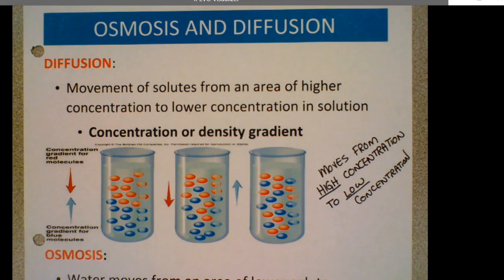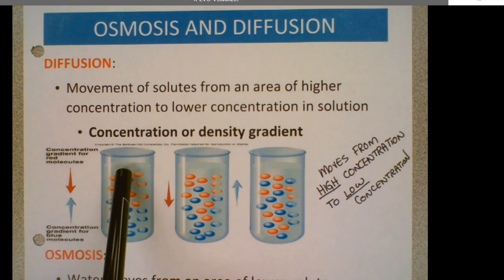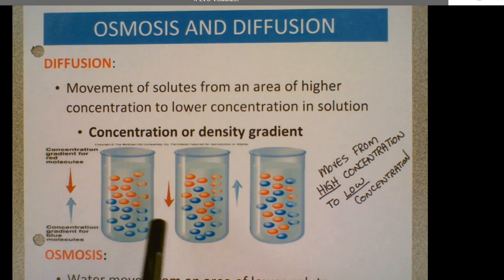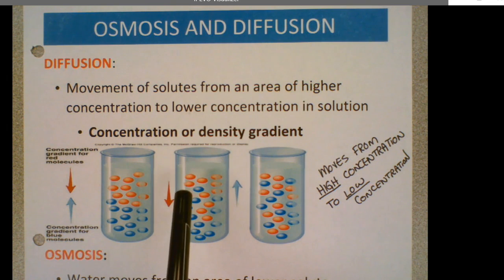Now, just because of physics, what's going to happen is these blue molecules are going to want to move from high concentration to low concentration. So they're going to want to move up. The red molecules are going to do the same thing. They want to move from high concentration to lower concentration. So the red molecules are going to move down. So if I put these together, we're going to see the blue molecules moving up, the red molecules moving down from high to low concentration.